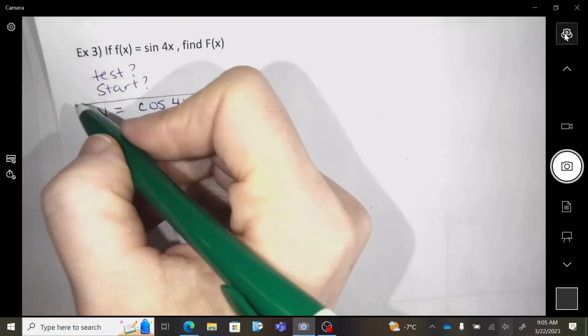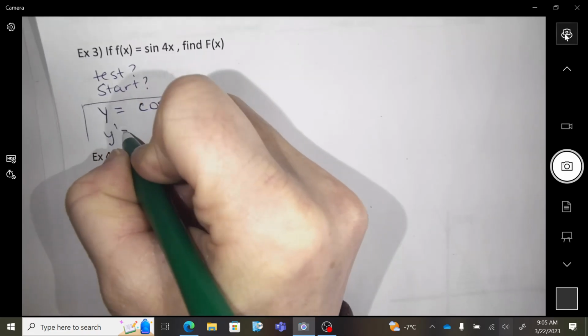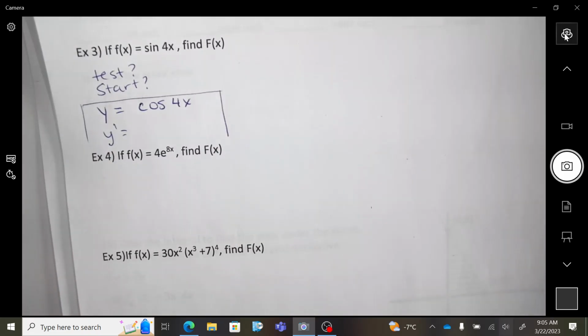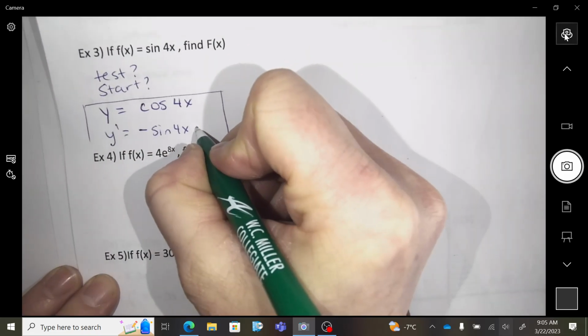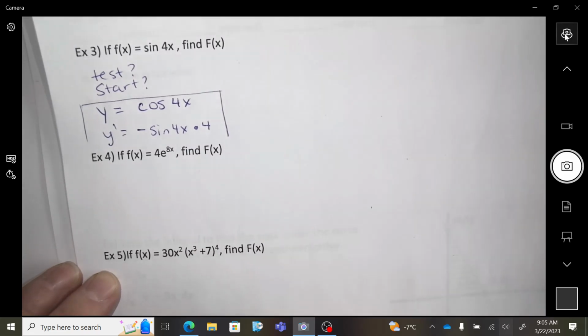Okay, can you derive this? Derive cos of 4x. So you have your rules in front of you. Negative sine 4x times 4.